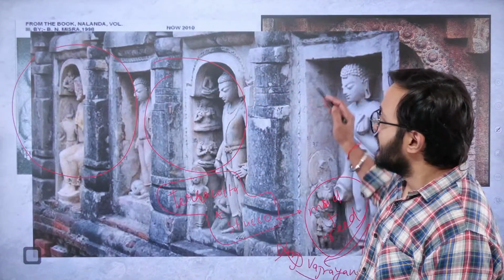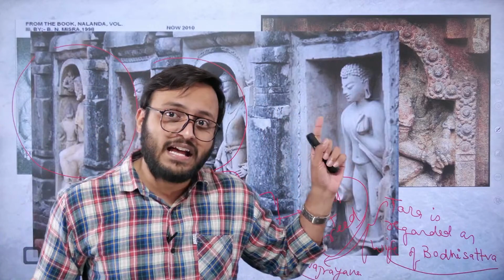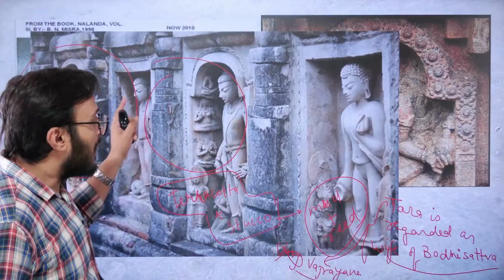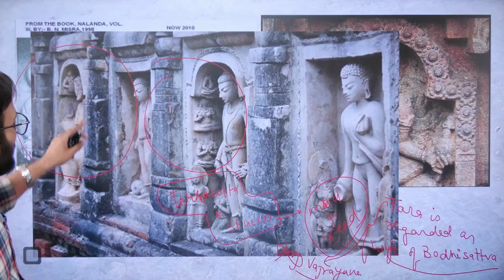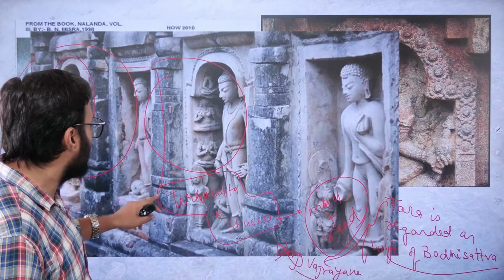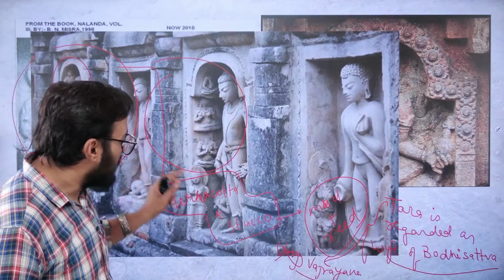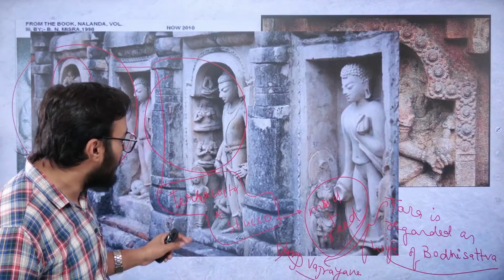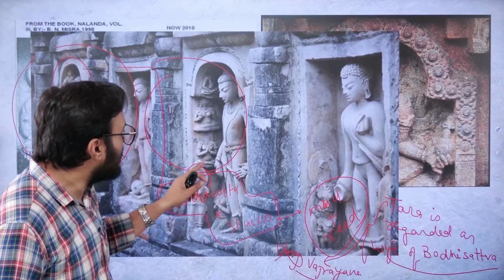Apart from that, this is the enlarged image of that building which we saw in the Nalanda University, which I told you looks like a temple. On the wall of that temple you will be able to observe this type of bracket, and within that bracket you can see the standing images of various bodhisattvas or the disciples of Buddha, along with the celestial demigods and goddesses.